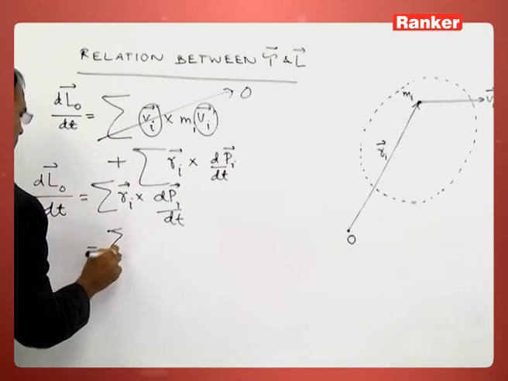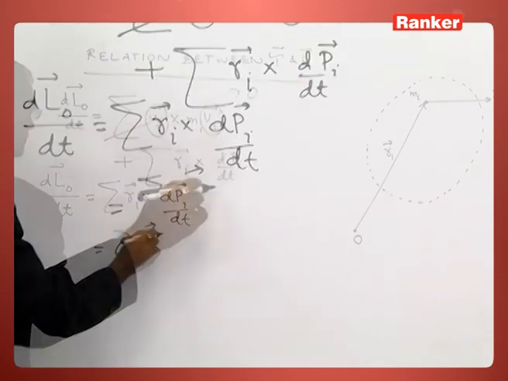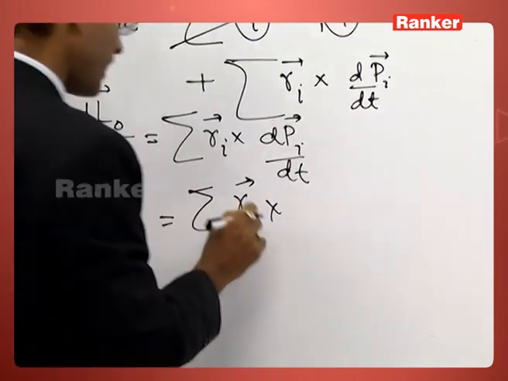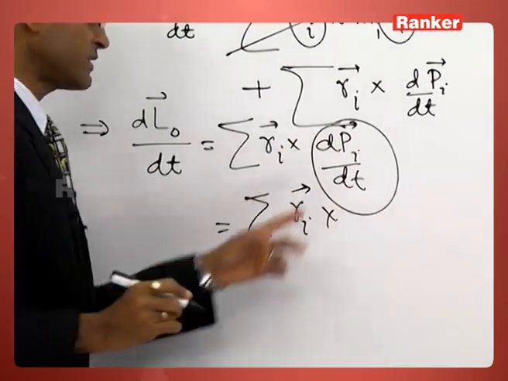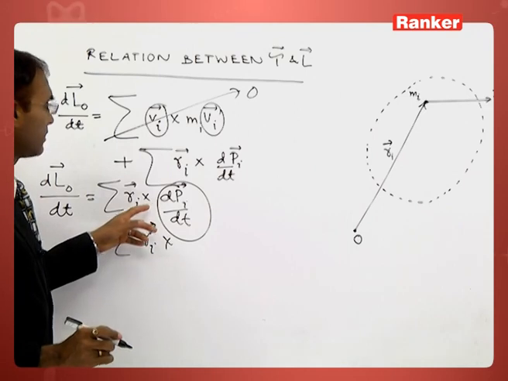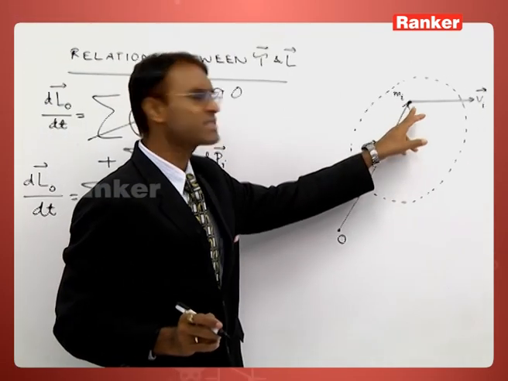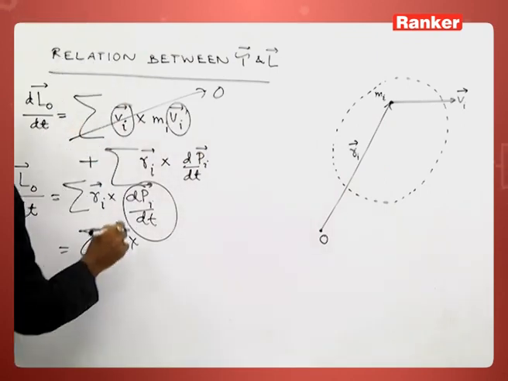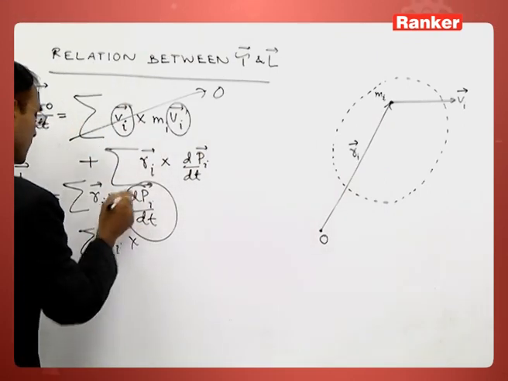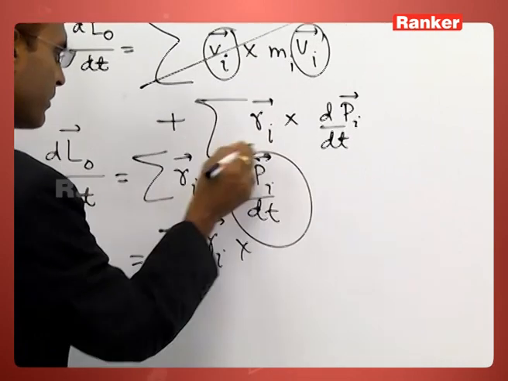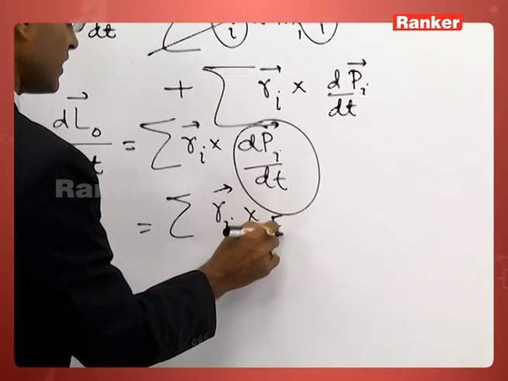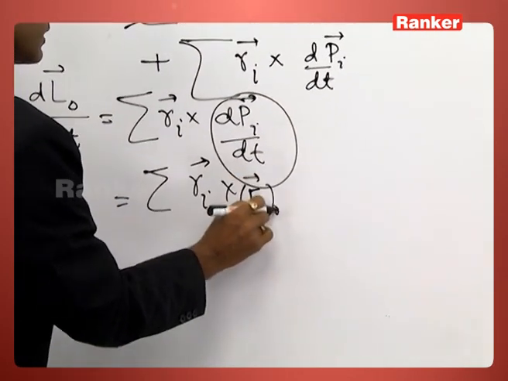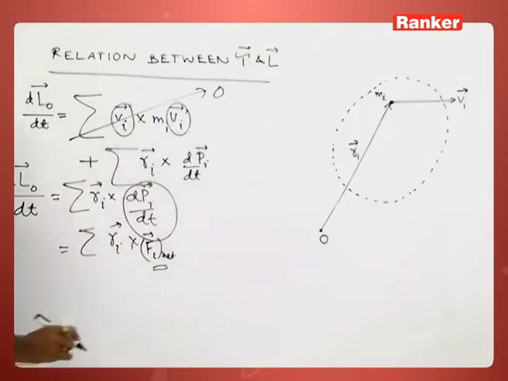So you can write summation Ri cross, since Newton's second law states that whenever a net force acts on a particle, its momentum changes, and that force is equal to the rate of change of linear momentum of that particle. So we can just write the net force acting on ith particle.